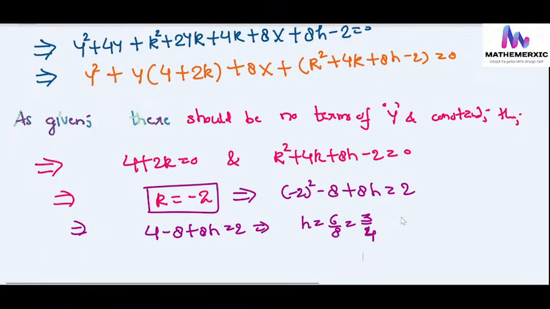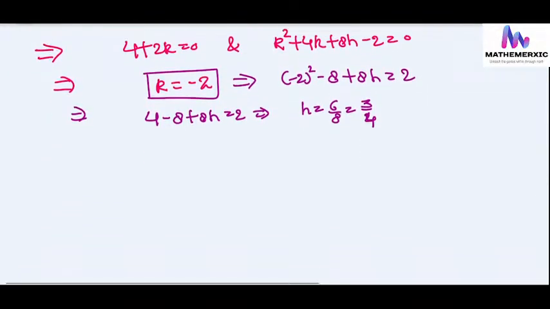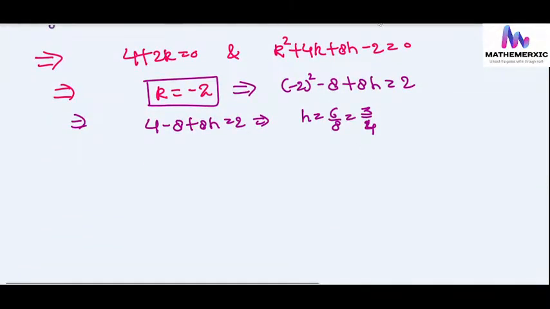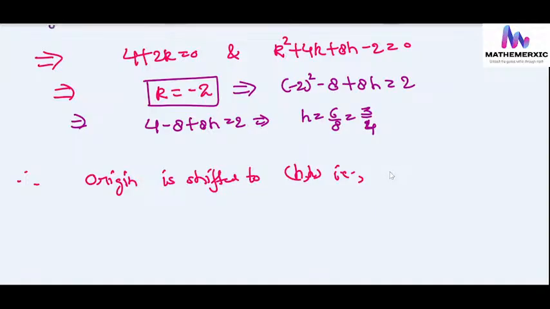So the required origin change is this. Therefore, the origin is shifted to, we don't know the current origin of this also, be very clear here. The current origin also we don't know, but the origin is shifted to h comma k, that is 3 by 4 comma minus 2, which is the answer.